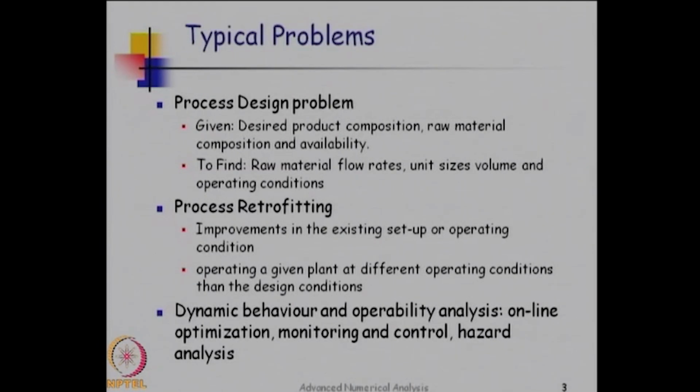And a problem that always comes when you are operating a plant is control or online optimization. So dynamic behavior and operability analysis is an integral part of operating any complex chemical plant. First of all, you have to monitor and control the plant. You have to make sure that it is operating safely. You may have to carry out hazard analysis, conduct what if studies.